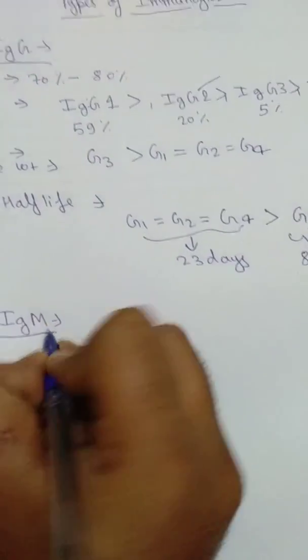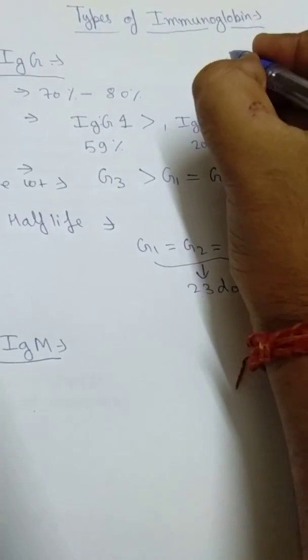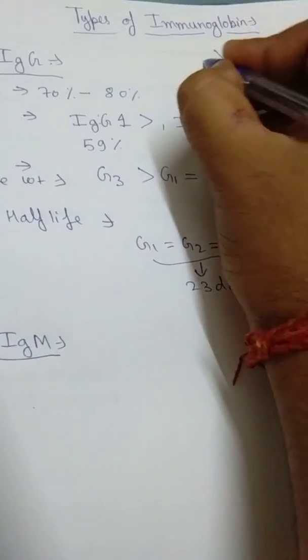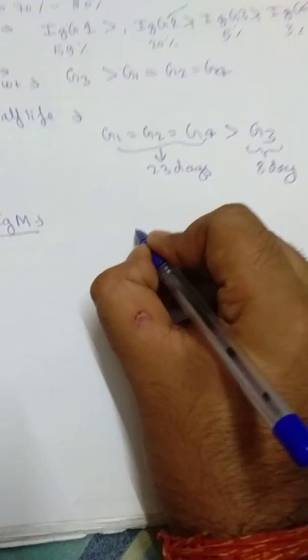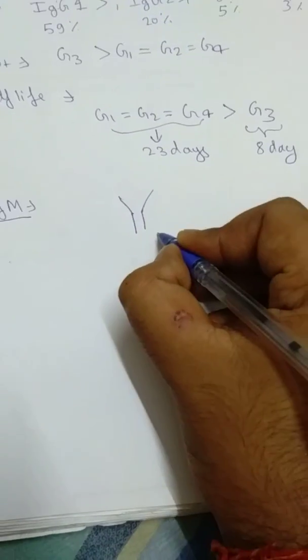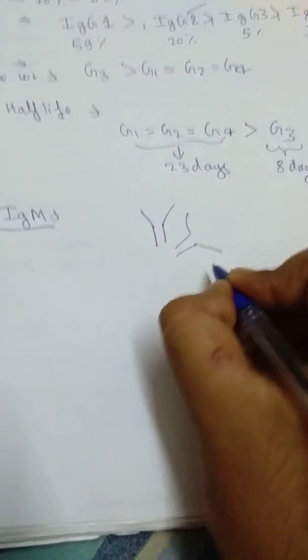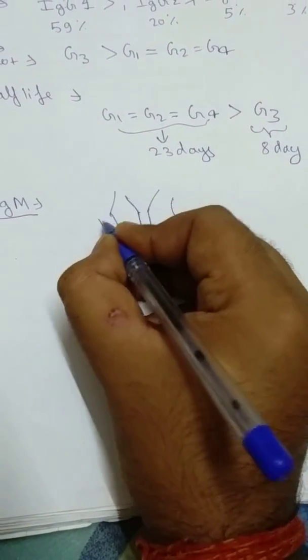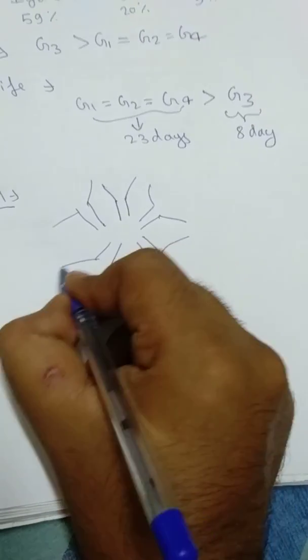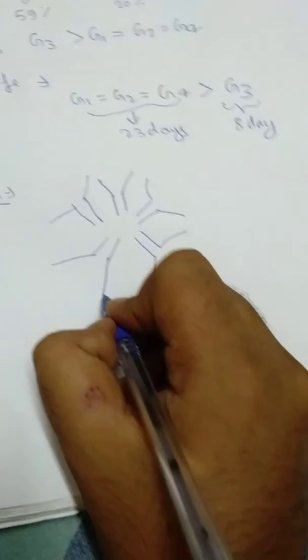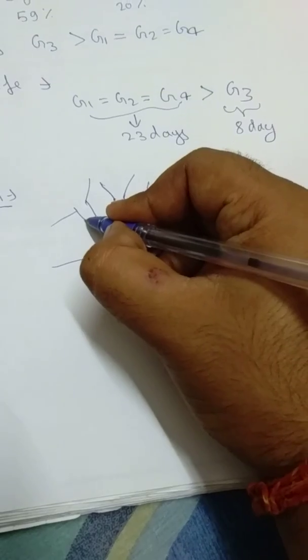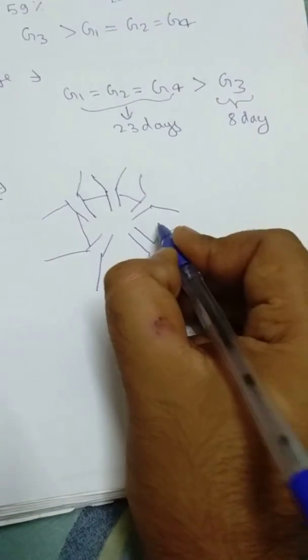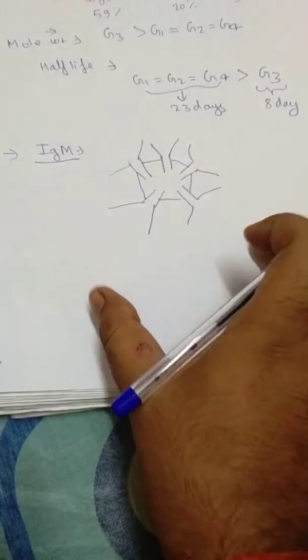Then the second antibody is IgM. IgM is pentameric and IgG is monomeric. Monomeric means only one single antibody, and pentameric means 5 antibodies. These 5 antibodies are joined by disulfide bonds, so this pentameric structure is very stable.